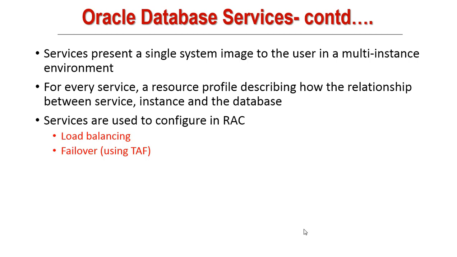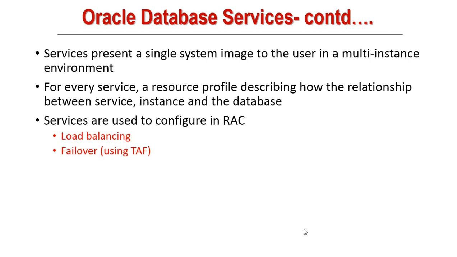Now, services are a part of your configuration. Even though your system can be a RAC system, services give users the illusion that they are connecting to a single system, a single instance, even though there can be more than one database instance running in the environment.